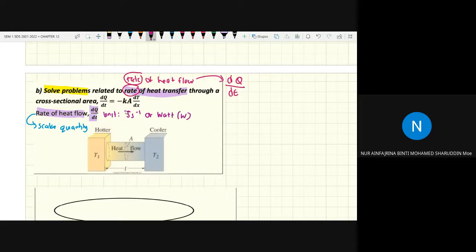Okay, I have a question. We know, kan dia adalah dQ over dt. Dan kita tahu, Q ini adalah heat energy. So, kalau Miss buat energy over time, awak akan dapat apa? What is energy over time? What will you get? Chapter 5. Energy over time adalah?